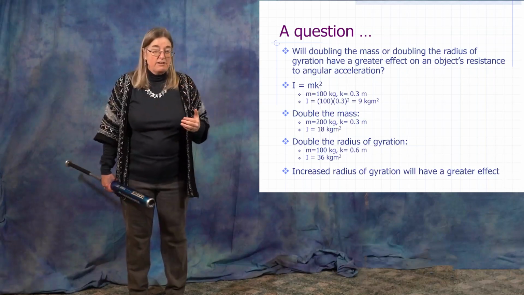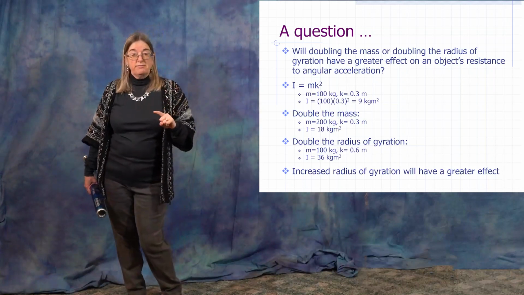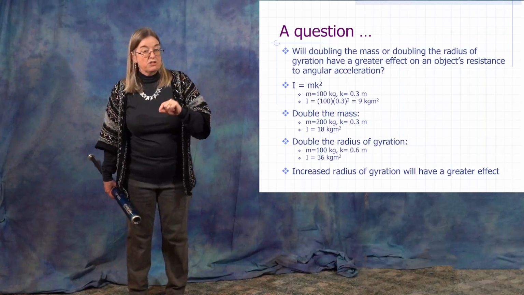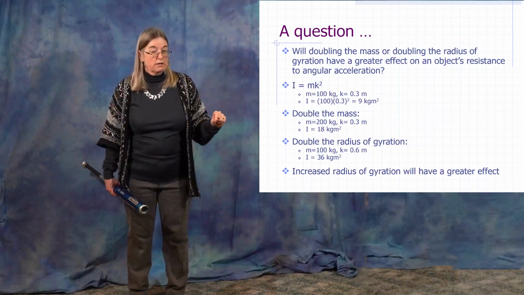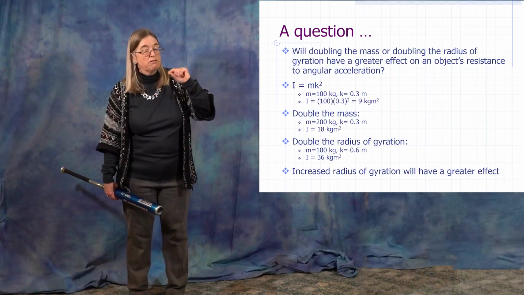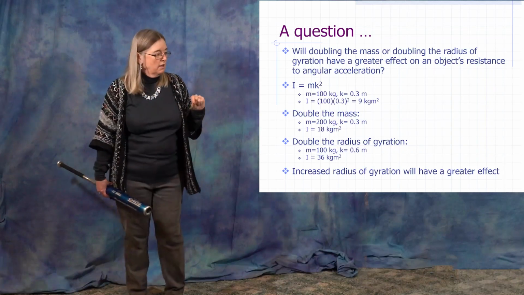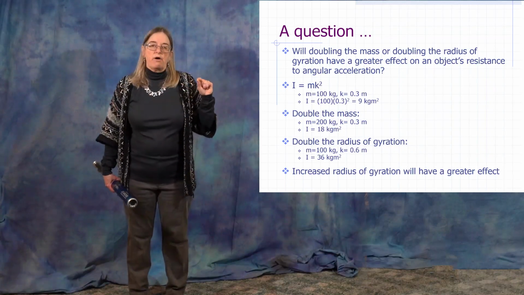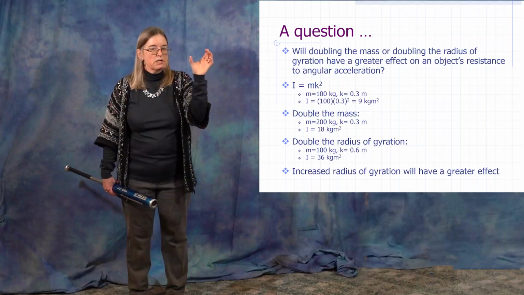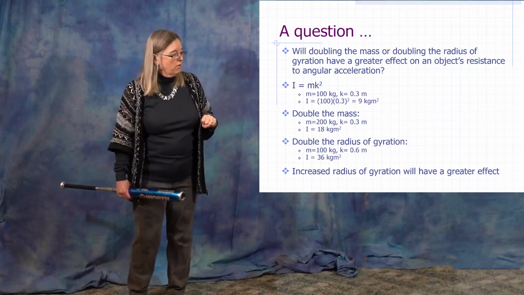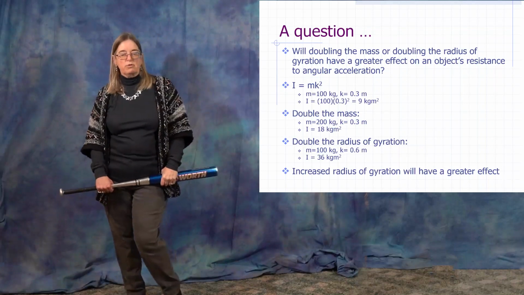What if instead of doubling the mass, we doubled the radius of gyration? We're back to a mass of 100 kilograms, but now we have a radius of gyration of 0.6 meters. And now I is going to equal 100 times 0.6 squared, or 36 kilogram meters squared.